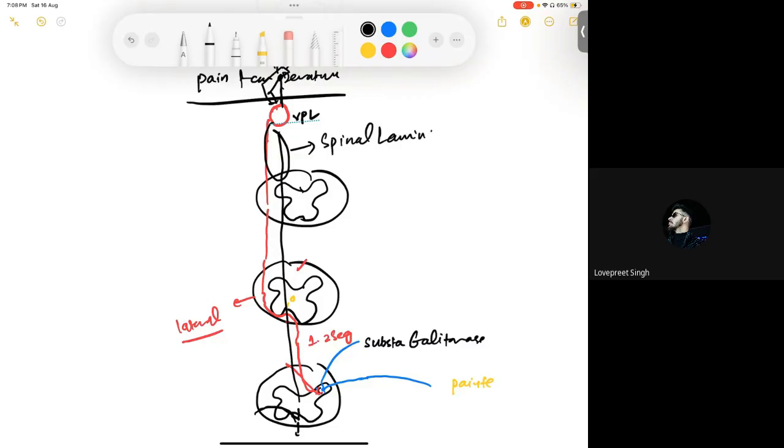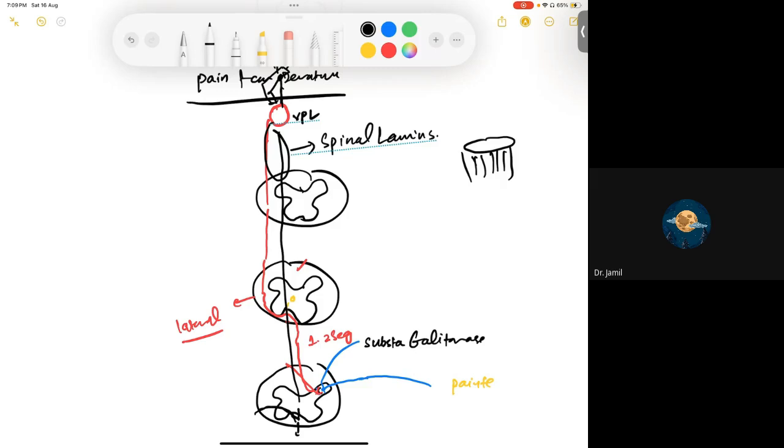Why do we call it lemniscus? Because they are going to be moving in the form of a lemniscus, which we discussed. Is it clear? So this was basically the pathway of your pain and temperature. Okay, so this is the simpler pathway for your pain and temperature.